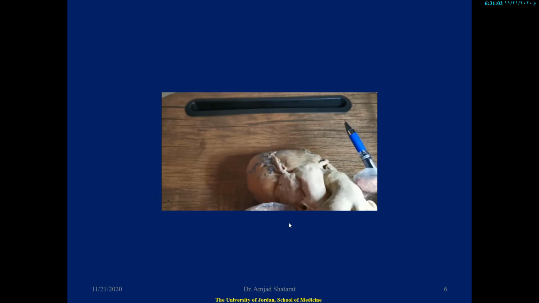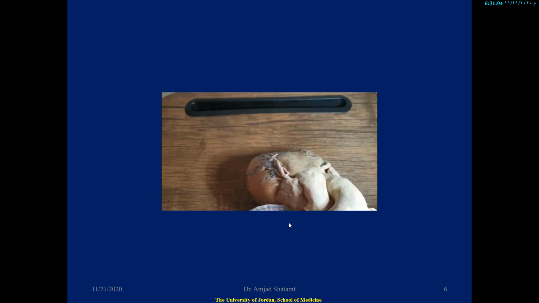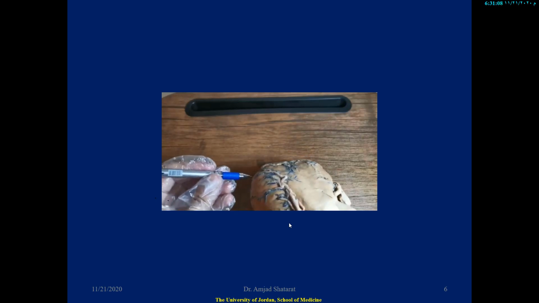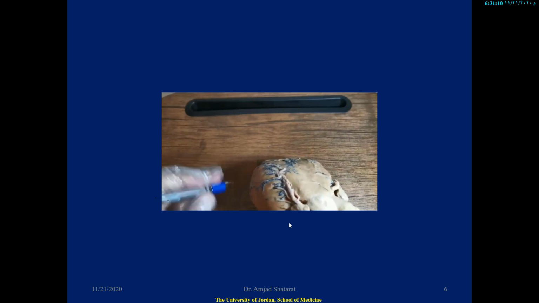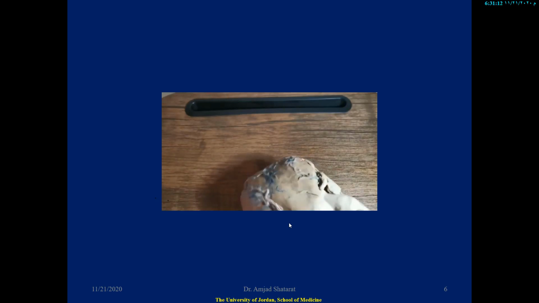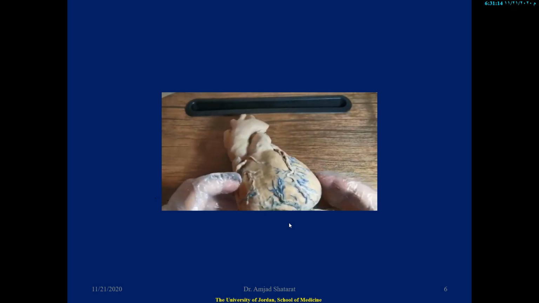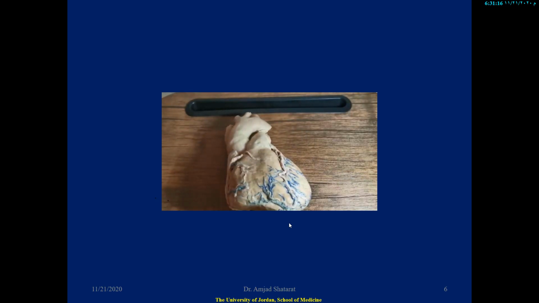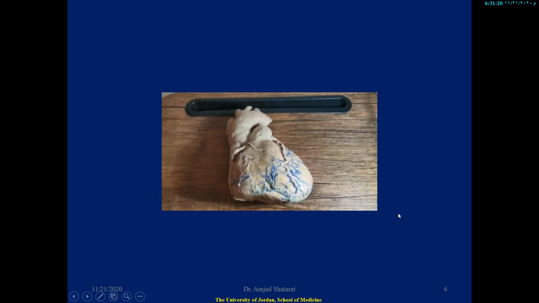This is another view of the apex of the heart, here directed as in the living subject, as we mentioned. Okay, now why is it important to recognize the surface anatomy of the apex of the heart, and to appreciate its clinical significance?